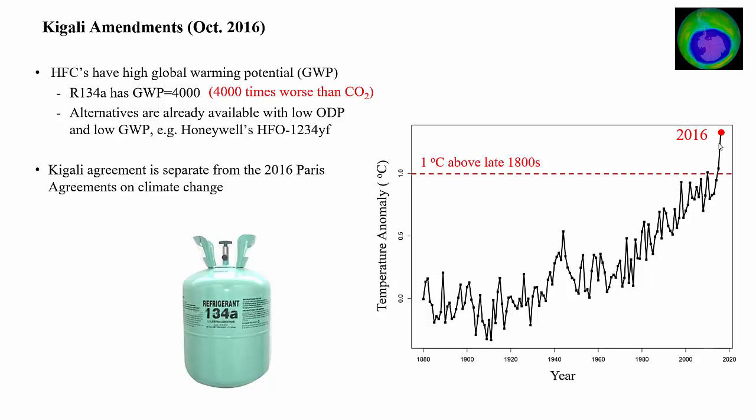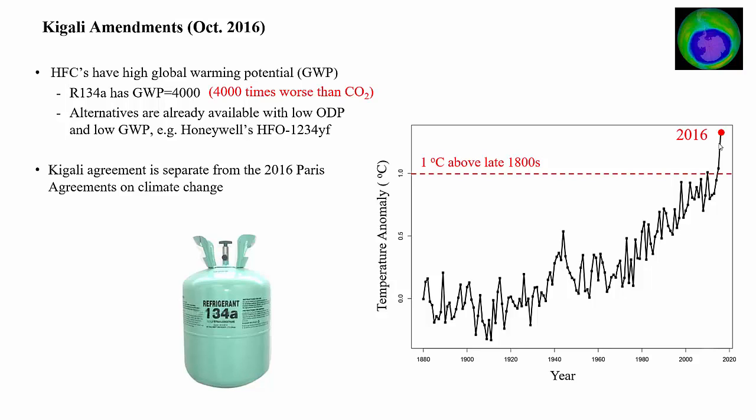I should mention that there are alternatives already available that have both low ozone depleting potential and a low global warming potential. One example is Honeywell's HFO 1234YF, which meets both of those criteria. One of the issues with these alternative refrigerants to HFCs is that they tend to be flammable, so there's a slight safety trade-off.